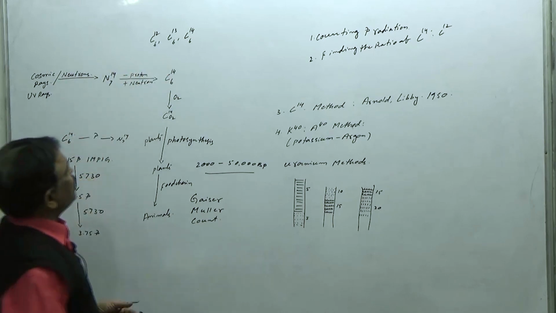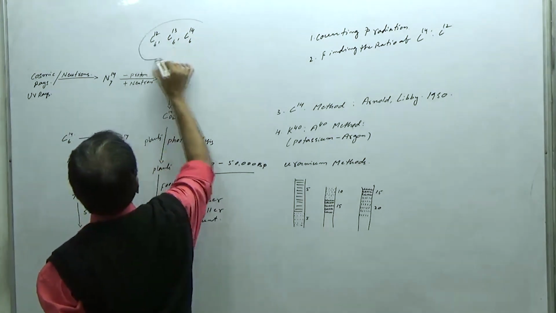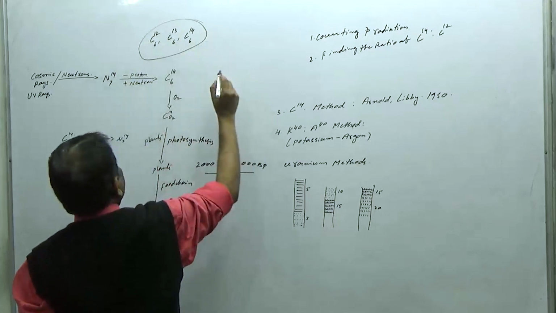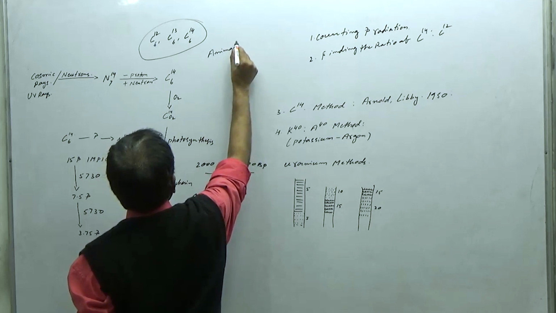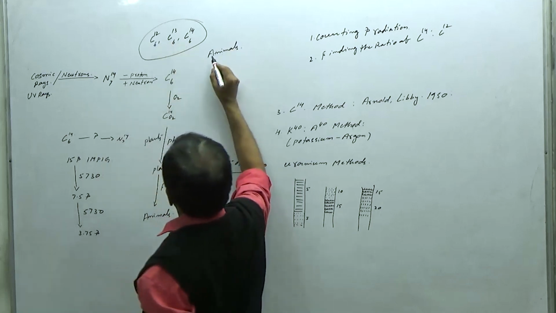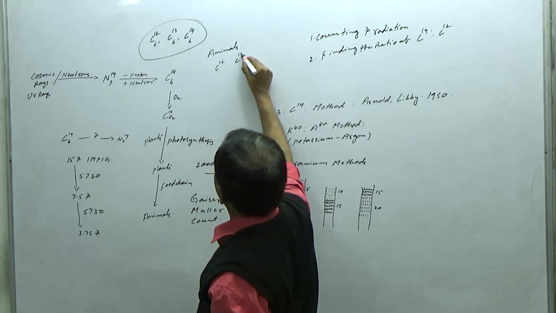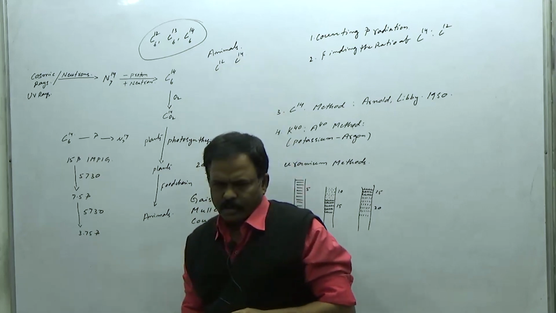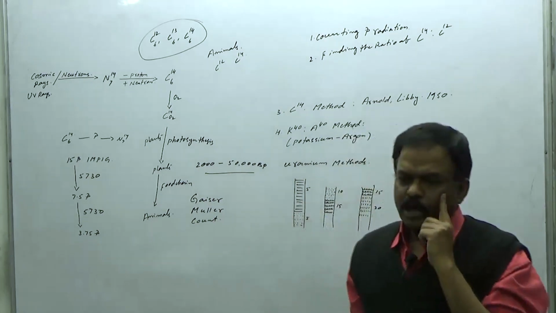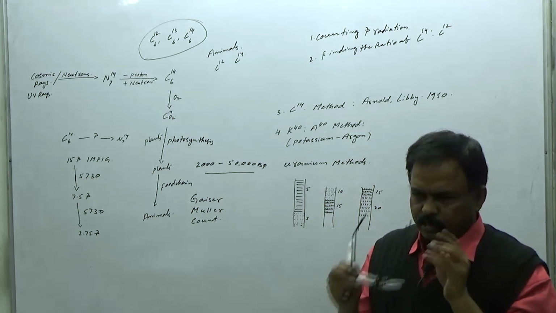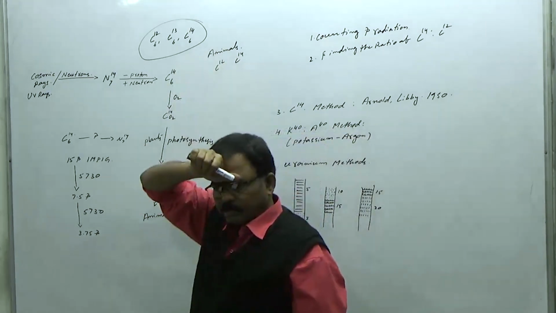In the atmosphere, C14, C13, C12, all these are there, but animals and plants take in both C12 and C14, through the air and even through food. So both enter the animal body.